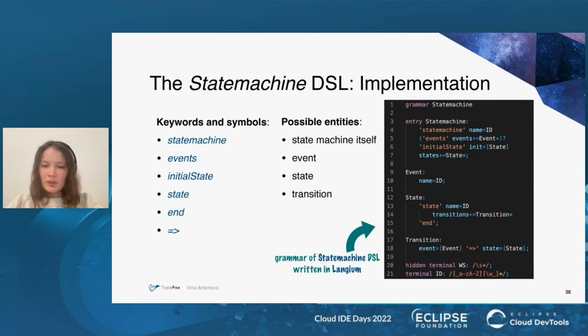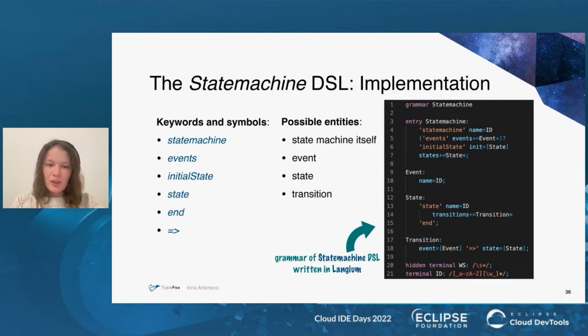Assignments can be understood like properties of our entities. Basically, what is interesting for us for the state entity? We're interested in its name and list of transitions. And if you take a look at the parsing rule state, you really can see that the names of assignments here are name and transitions.